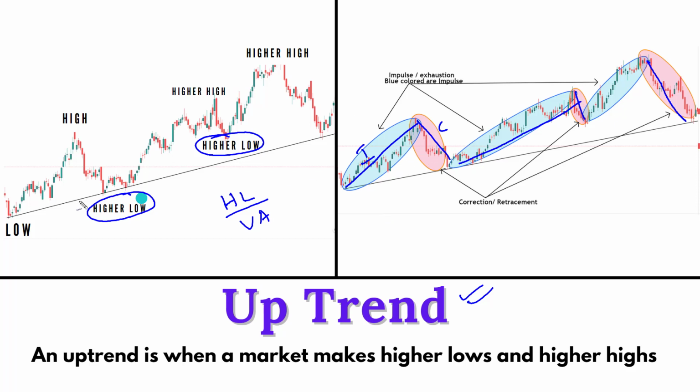Okay, see, this particular impulse move is higher than this correction, so we usually see a very small range. So we also call it counter trend. Our main trend is in uptrend, and we call this counter trend.